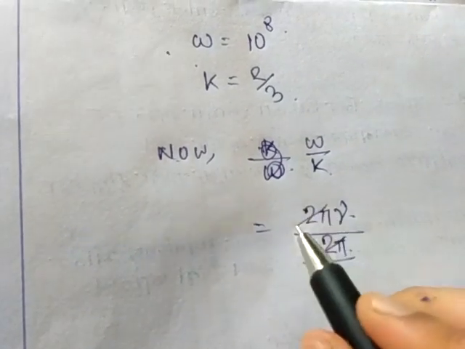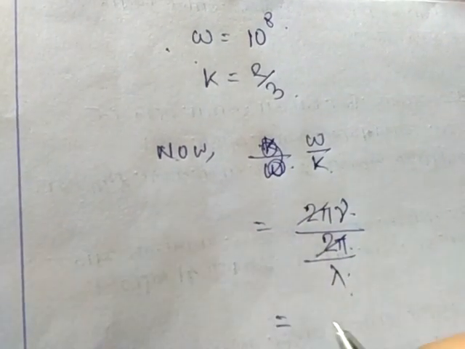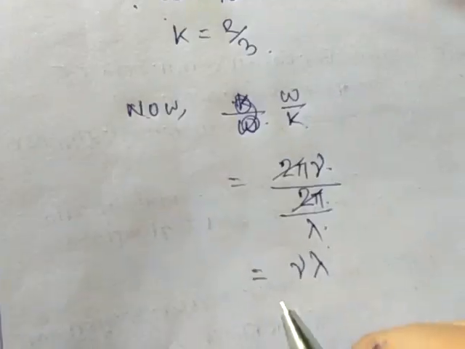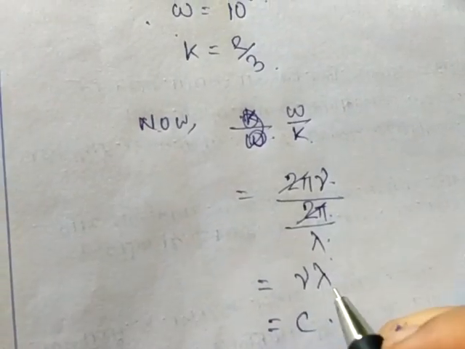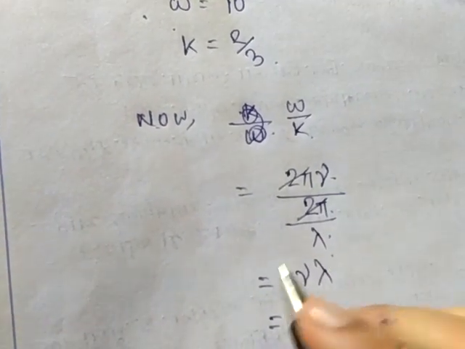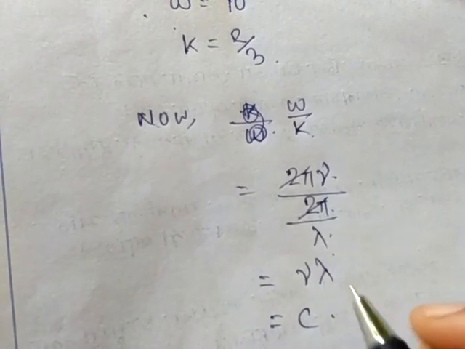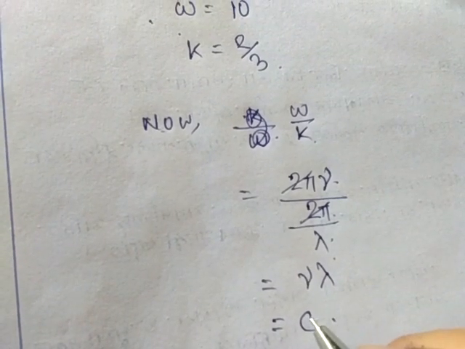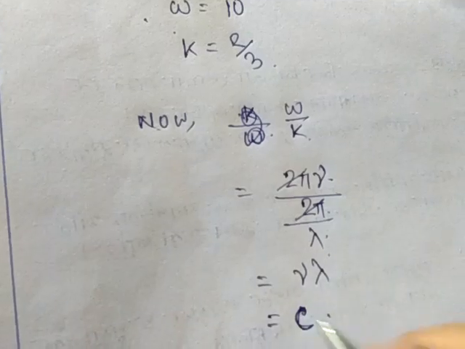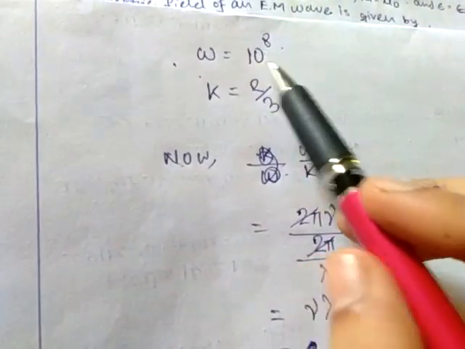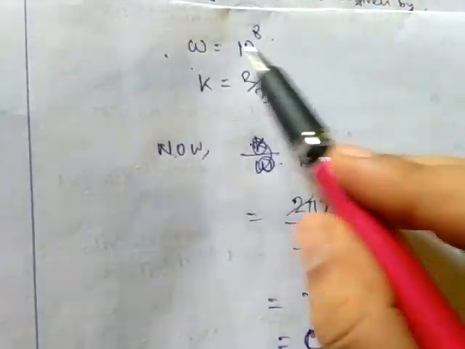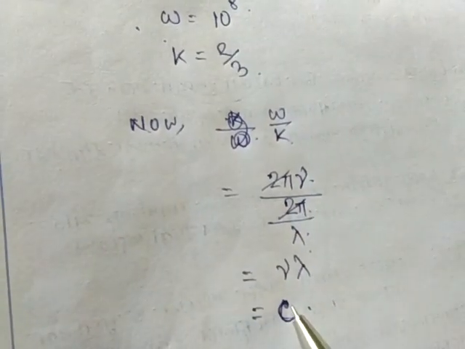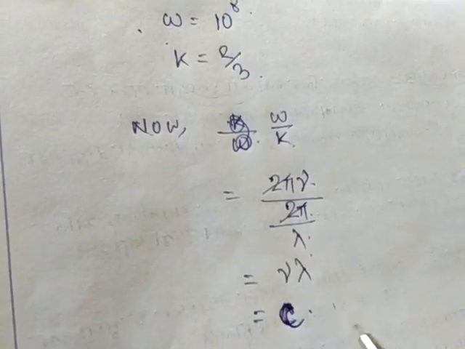Now 2 pi cancels and we are left with nu lambda. Now nu lambda equals c, the velocity of the electromagnetic wave, and we know that for an electromagnetic wave the velocity is c. Now we will check this. If we calculate, we are not getting c.